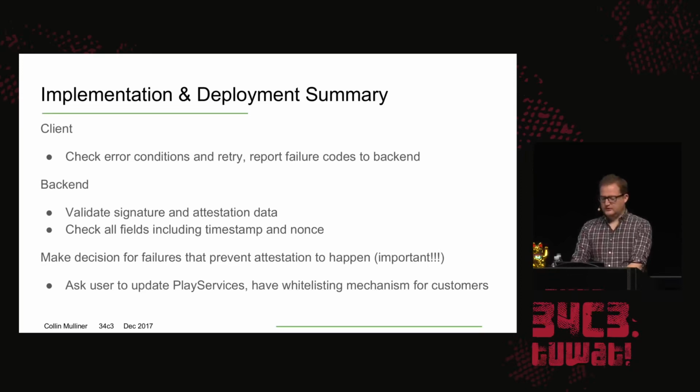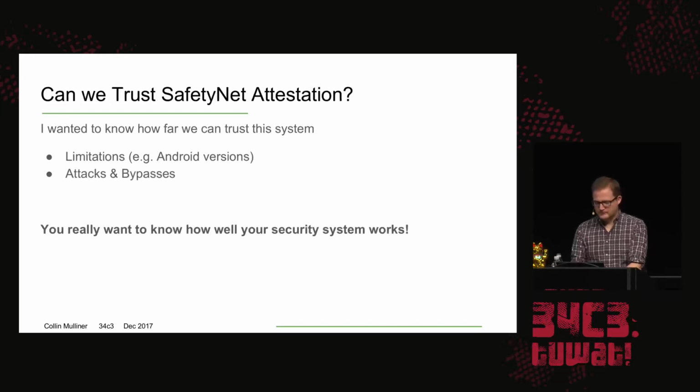And especially things like, do we want to force users to update their Play services, and maybe have something like a whitelisting mechanism where you can whitelist specific kinds of devices, because you will run into problems and you probably don't want to prevent a specific user group from being able to use your service.